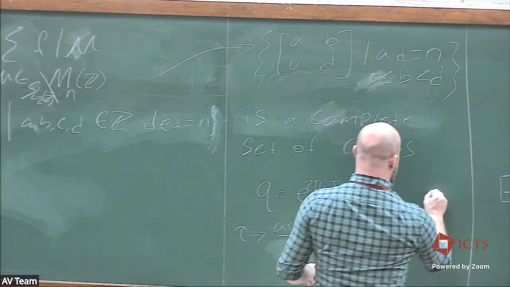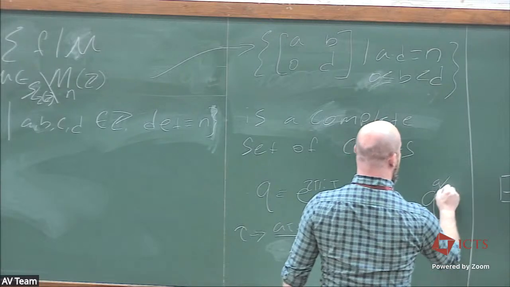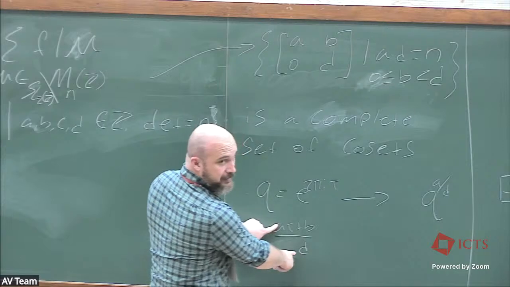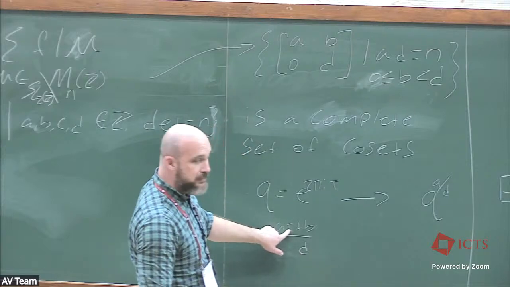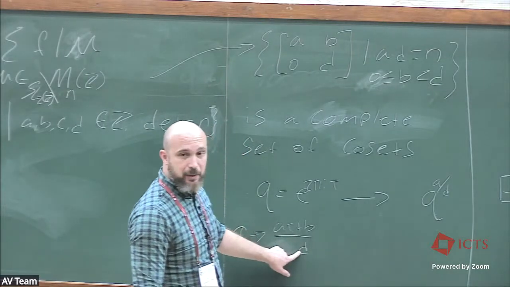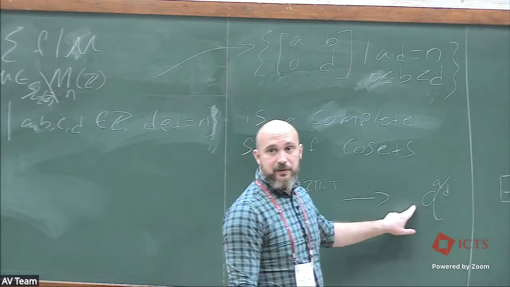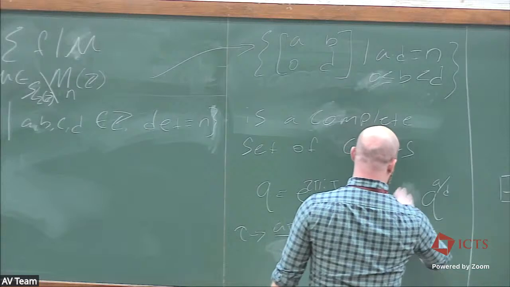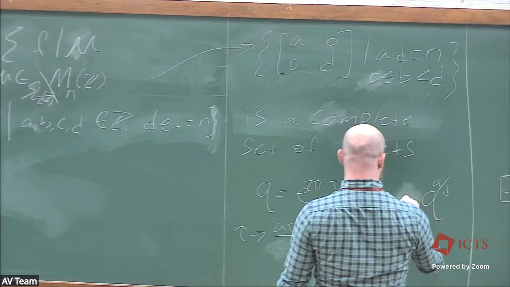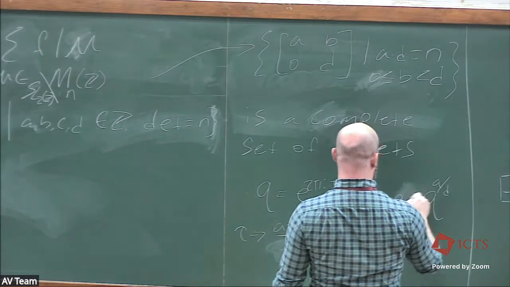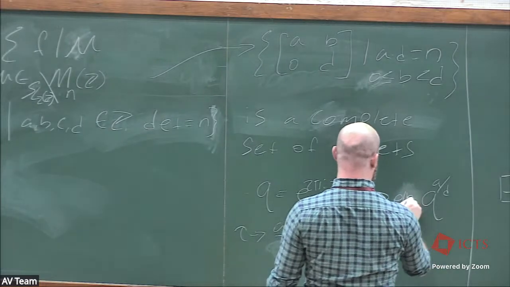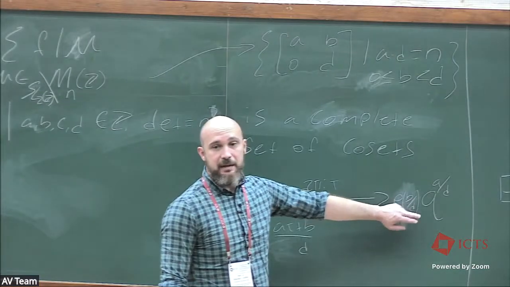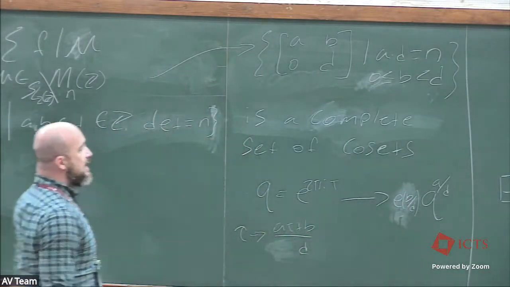Well, we're going to get q to the a over d. This part right here is a multiple of tau, but now my b over d part is going to give us a root of unity, so we'll have an e of b over d. This is a dth root of unity.